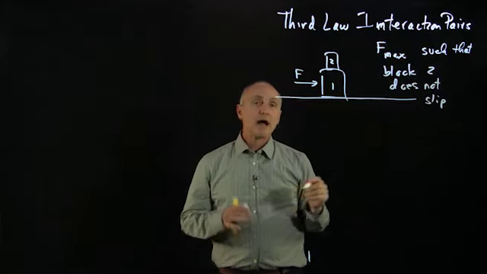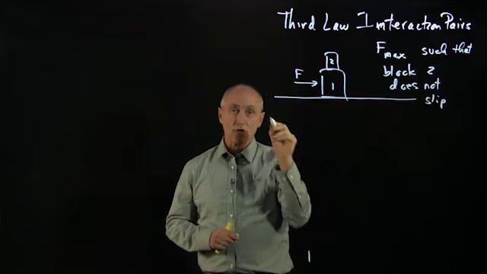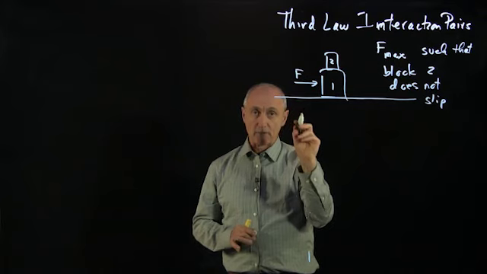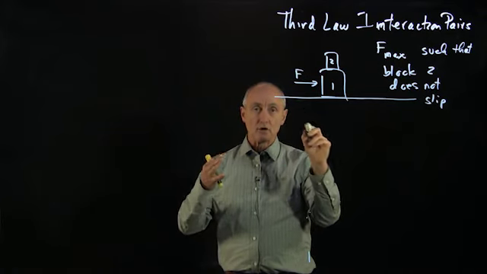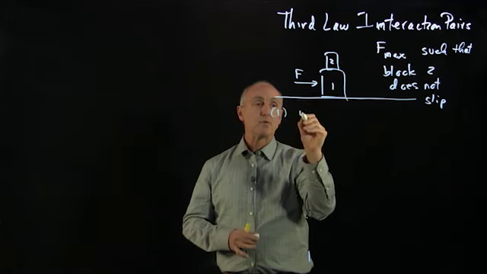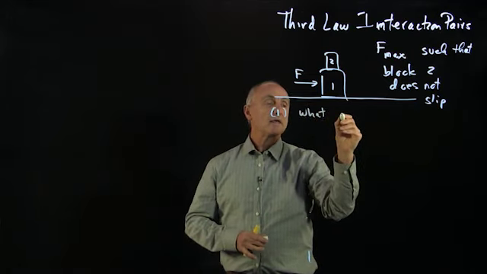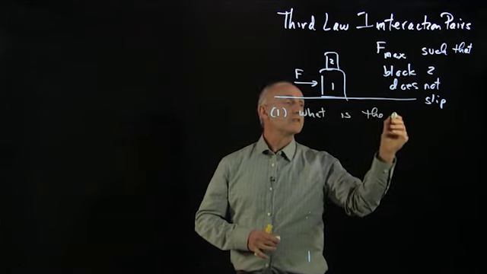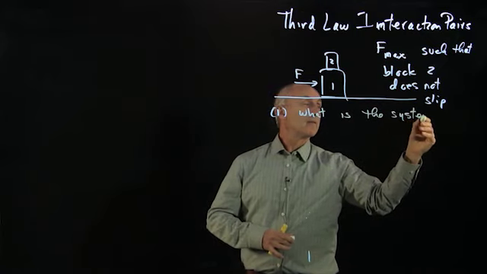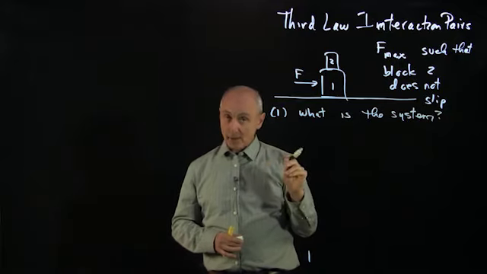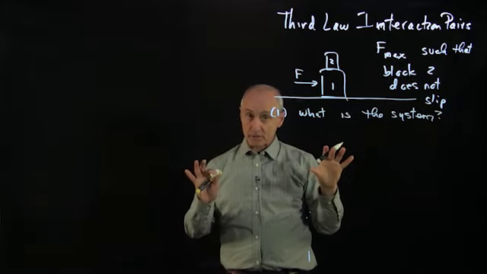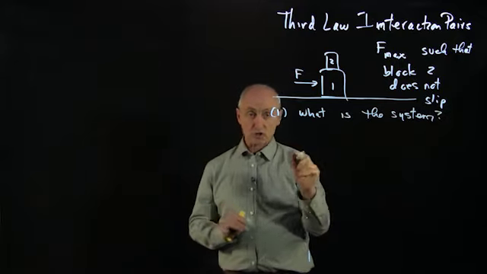Now, how do we even begin to think about this? Well, when we apply Newton's second law, our first question will be, what is the system that we'll choose? And in this problem, there are 3 separate ways to think about this, just to show you an example.